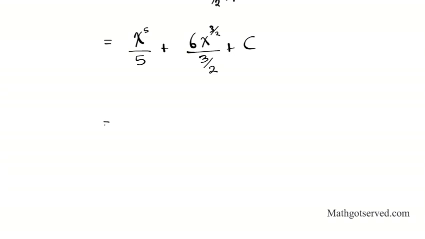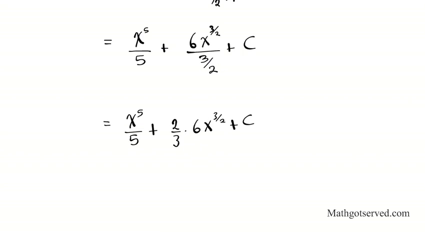Okay? So we're going to have x to the 5th over 5 plus this, we'll reciprocate this and multiply by the numerator because that's the same thing as dividing. So we're going to have 2 over 3 times 6x to the 3 over 2 plus c. Okay?